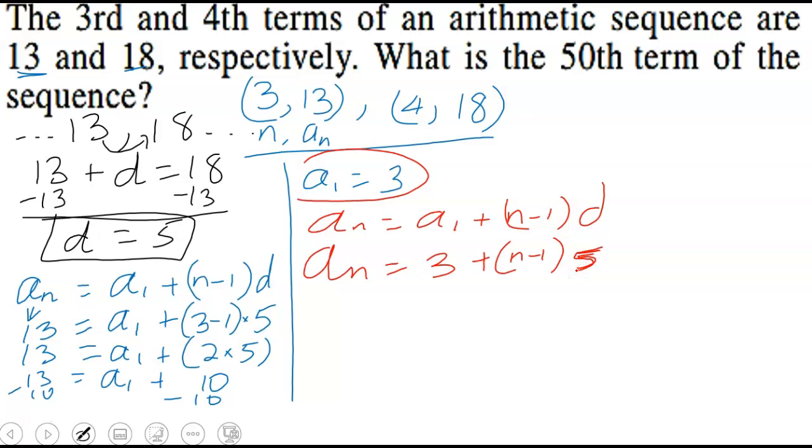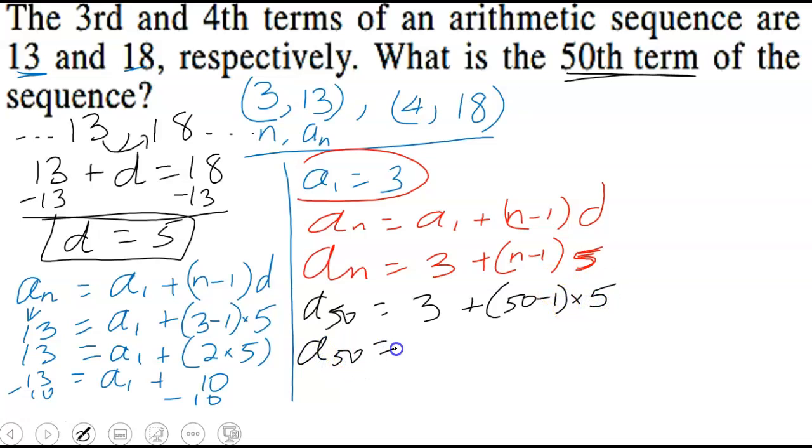But now we're going to use it to find the 50th term. a50 equals 3 plus 50 minus 1 times 5, so 3 plus 49 times 5.